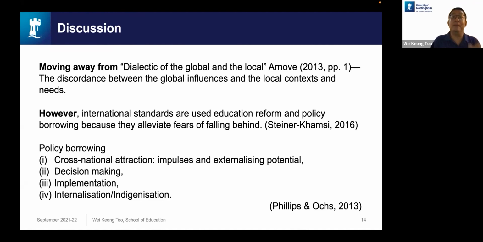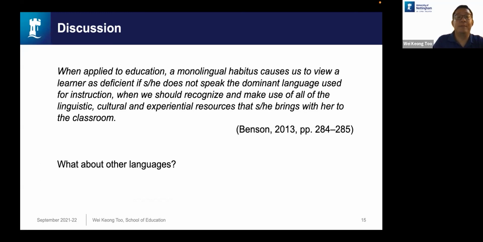This is very important because we are moving away from the old way of looking at globalization. So when we talk about moving away, people in Asia, when we talk about English, besides seeing it as a tool, some communities see English to some extent as a threat, especially for mother tongue-based educators. They see it, when applied to education, as a monolingual habitus.